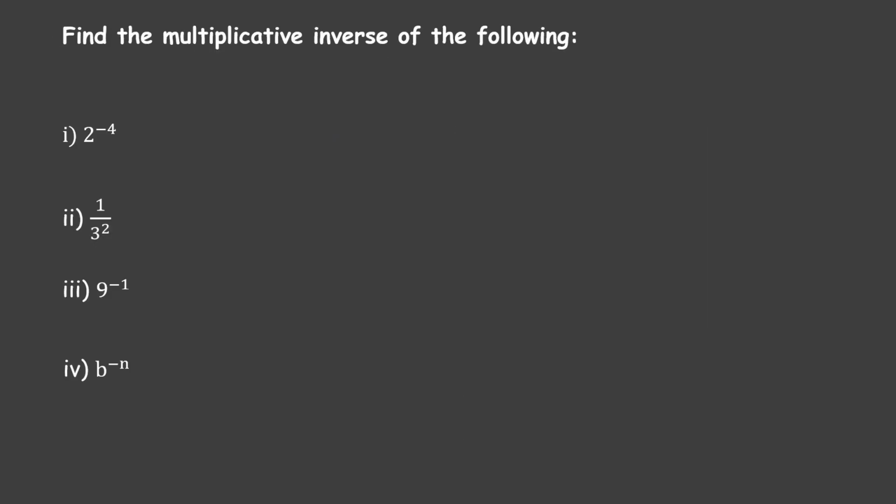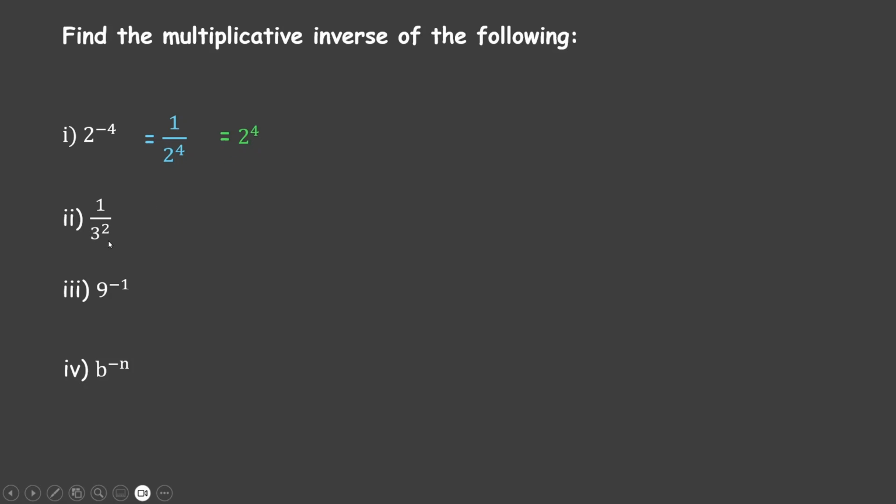Now let us look at some questions. We need to find the multiplicative inverse of the following. 2 raised to the power minus 4. By now we know that this is actually equal to 1 upon 2 raised to the power 4. So what will be its multiplicative inverse? It will be 2 raised to the power 4, since on multiplying these two we are going to get 1. So the multiplicative inverse of 2 raised to the power minus 4 is 2 raised to the power 4.